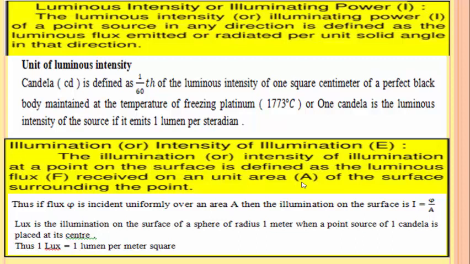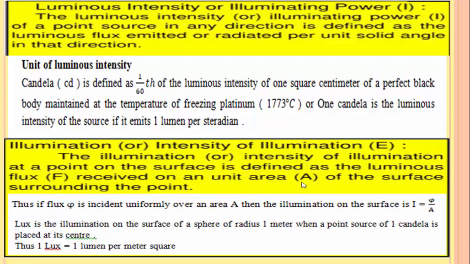The luminous intensity or illuminating power can also be defined as: at a point source in any direction, it is the luminous flux emitted or radiated per unit solid angle in that direction.